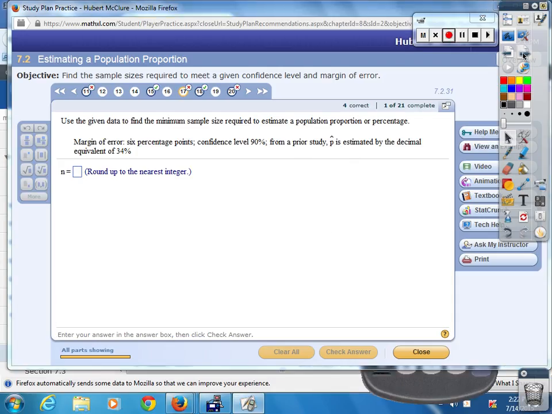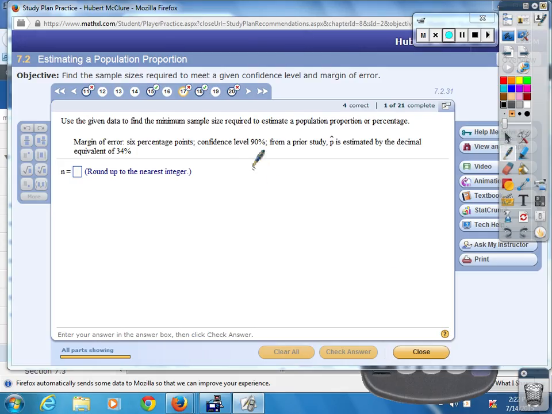All right, try that one. They try to trick you here. Margin of error is 6 percentage points. Instead of putting 0.06, they put 6 percentage points to see if you'll fall for it. What goes with the 90% confidence level?